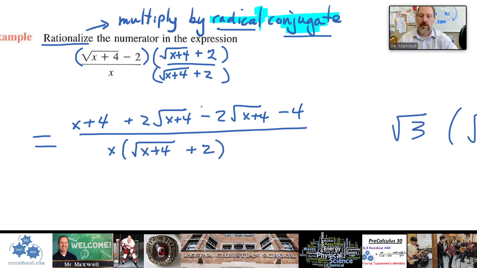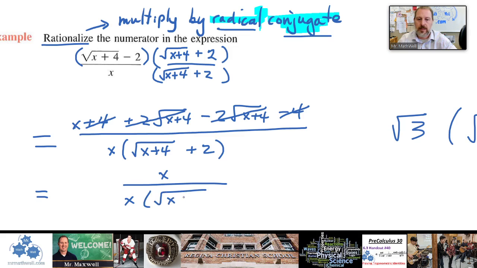Okay. So what I can do here now is gather like terms. Those two terms are gone. These two terms are gone, plus 4, minus 4. You're just simply adding them up. They're gone. And so what I end up with is x on top, x on the bottom, times root x plus 4 plus 2.